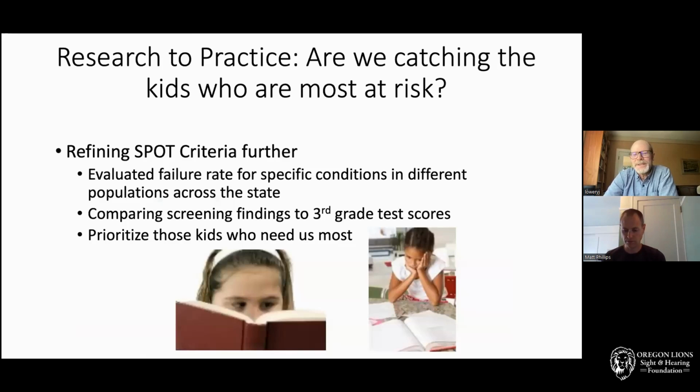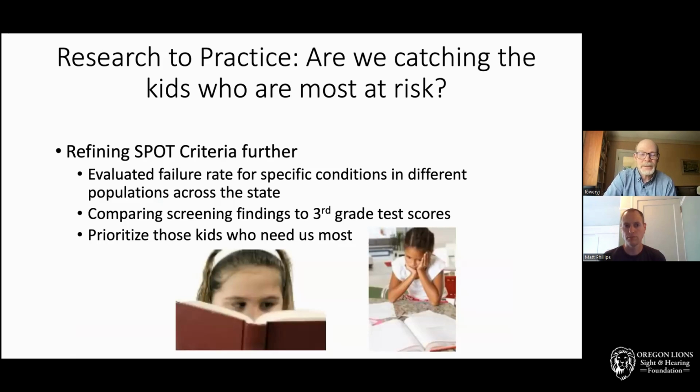So the question, as we got into this, was: are we really going to catch the kids who are most at risk? We looked at refining the spot criteria further, because we looked at the failure rate for specific conditions in different populations across the state and compared that to what we know is normal for the population.